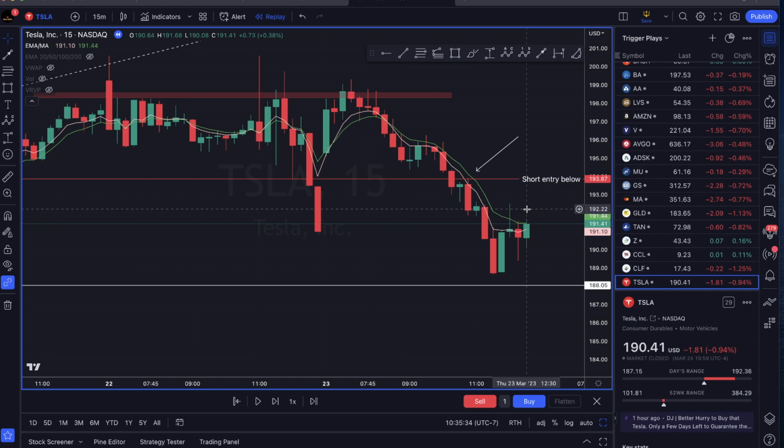One more thing. Whenever you are playing break and retest, or whenever you are playing supply and demand, you would get the best entries on the green candles, right? You would get the best entries on the red candles when you are playing the long side.